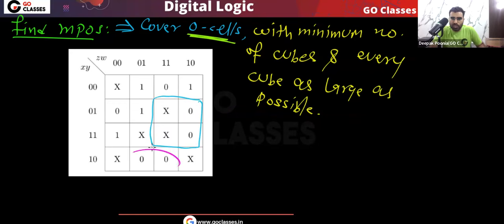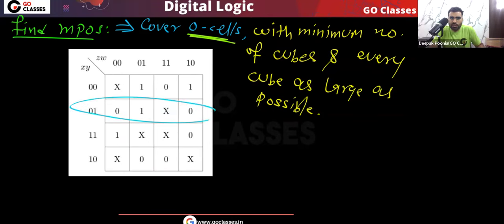Okay, what about these two zeros? You can see I can make this cube or I can make this cube. Yes or no? You can do any of them, no problem. Either I can use this cube or this cube. But for these other zeros, I cannot create this cube because it is covering 1, and I cannot create this one either because it is also covering 1.